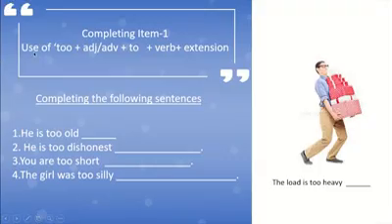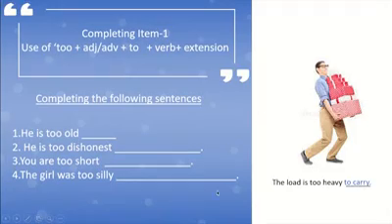Our first structure is use of too plus adjective or adverb plus to plus verb plus extension. So by following this structure, we have to complete the sentences. The load is too heavy to carry.